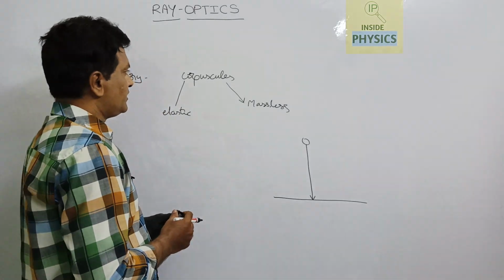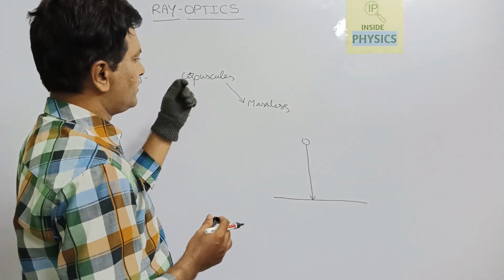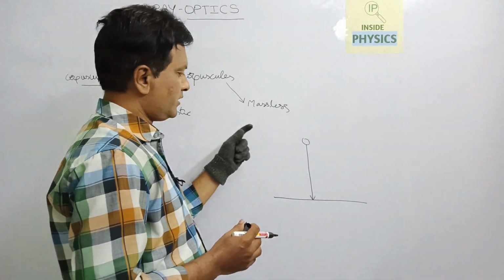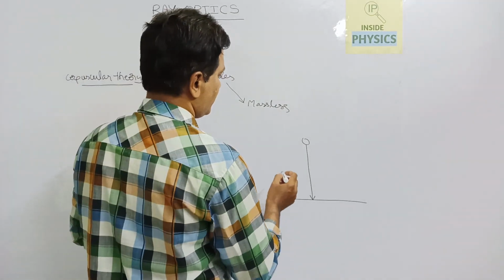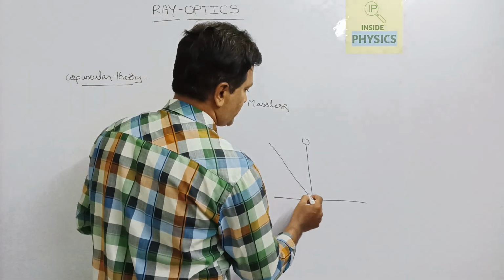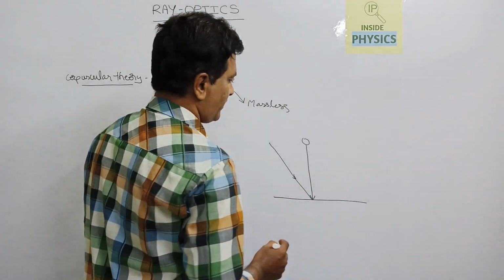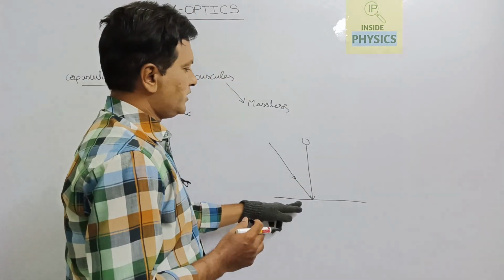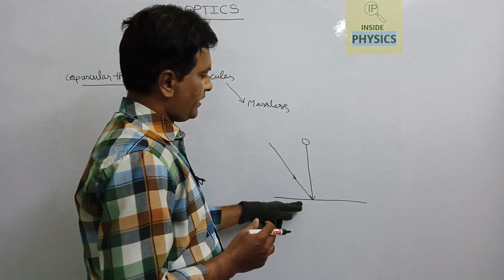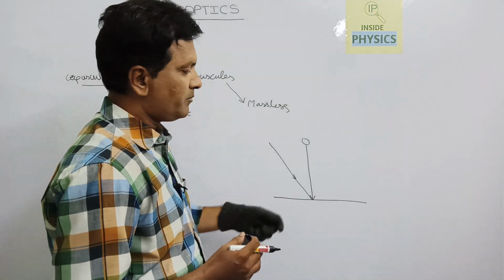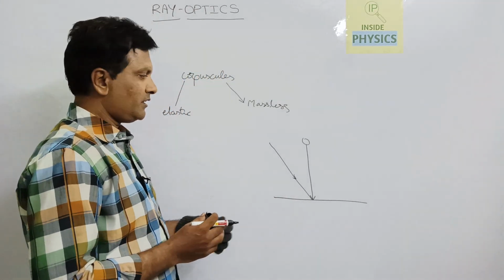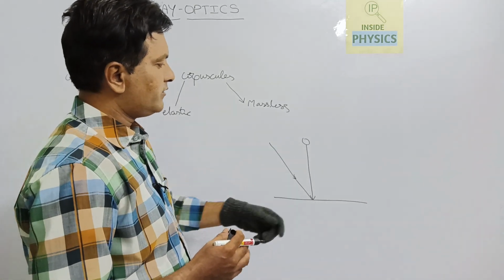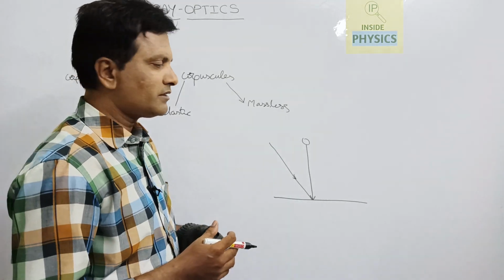In this way, he said that whenever light corpuscles are incident on a polished surface, they will reflect back just like a ball reflecting from a hard surface.